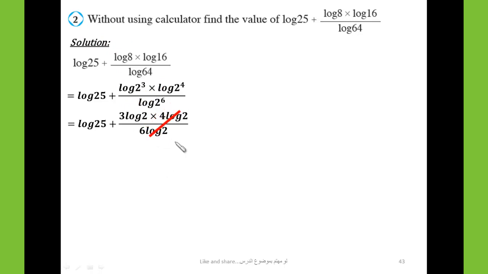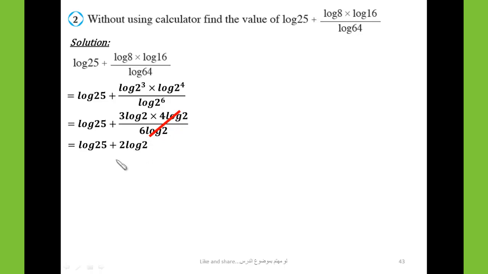We can cancel log 2 over log 2 equals 1. And what do we get? 3 times 4 is 12, and 12 log 2 divided by 6 equals 2 log 2. So log 25 is the same, plus 3 log 2 times 4 divided by 6: 3 times 4 equals 12, 12 divided by 6 equals 2, so log 2 times 2.